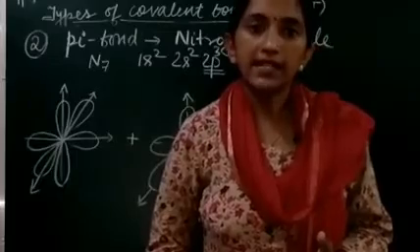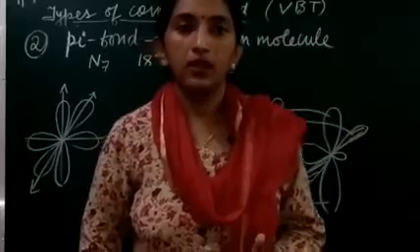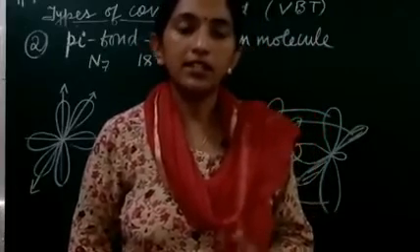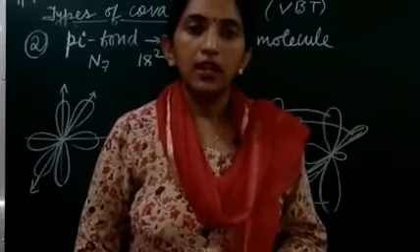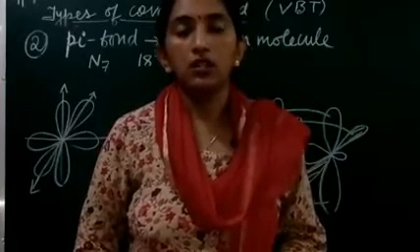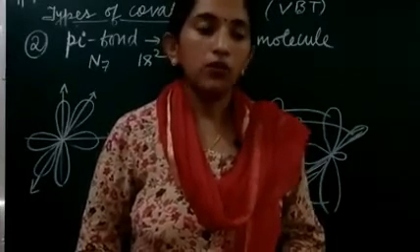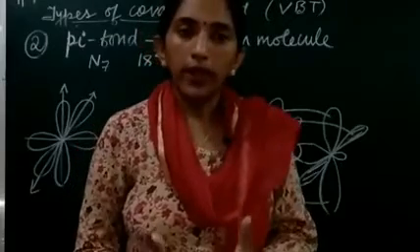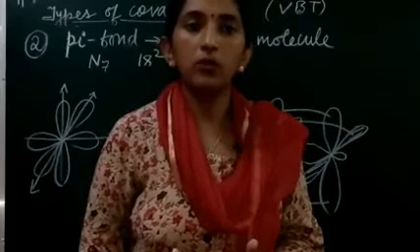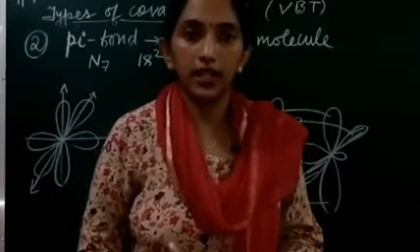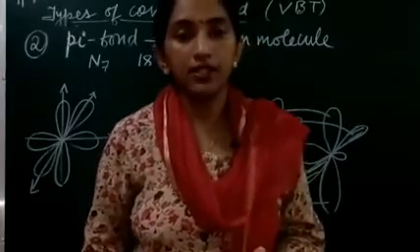Now students, next, we compare the strength of the sigma and the pi bond. On comparing, we will discuss two topics regarding the sigma and pi bond. The first is the strength of the sigma bond and the strength of the pi bond. Now you have seen here where the extent of overlapping is maximum, or where the two atomic orbitals can penetrate to a greater extent. Is it through head-to-head or through sideways?